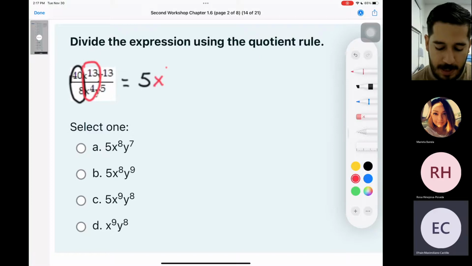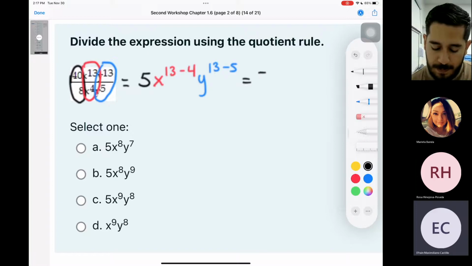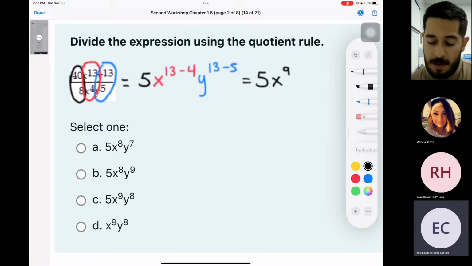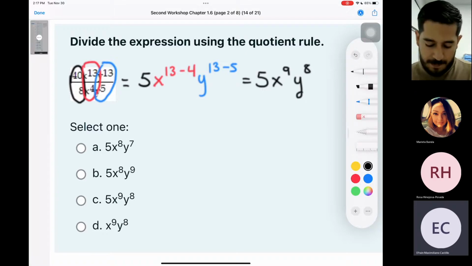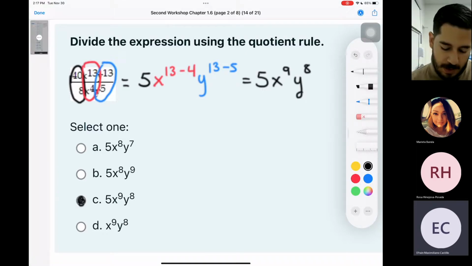Dividing x's means subtract exponents, and dividing y's means subtract exponents. 13 minus 4, that's going to be 9. And 13 minus 5, that should be 8. So this should be my result.